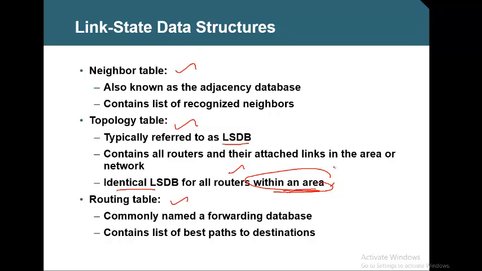For example, type 1 and type 2 LSAs are not sent as type 1 and type 2 outside. They are sent as type 3. So whatever you have in type 1 and type 2 will be in the type 3 section. So in no way will the LSDB for all routes be identical between areas. Only within an area can you see an identical database.